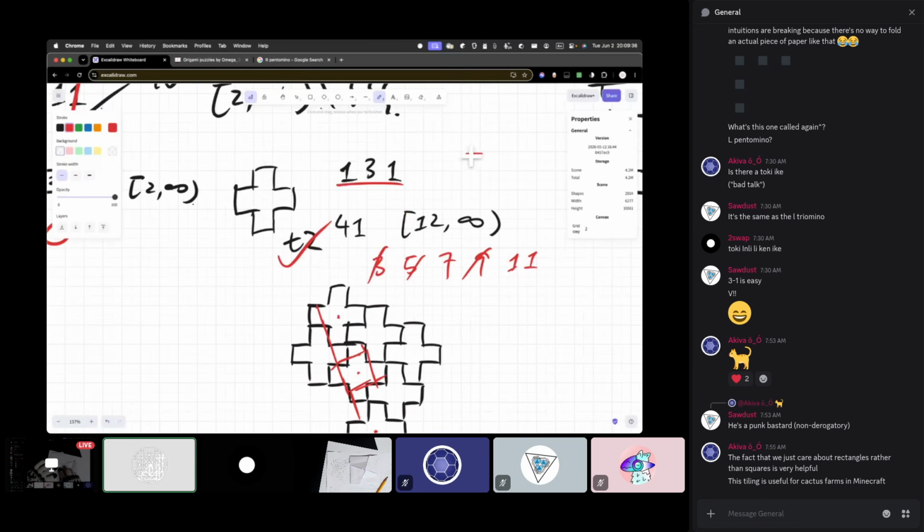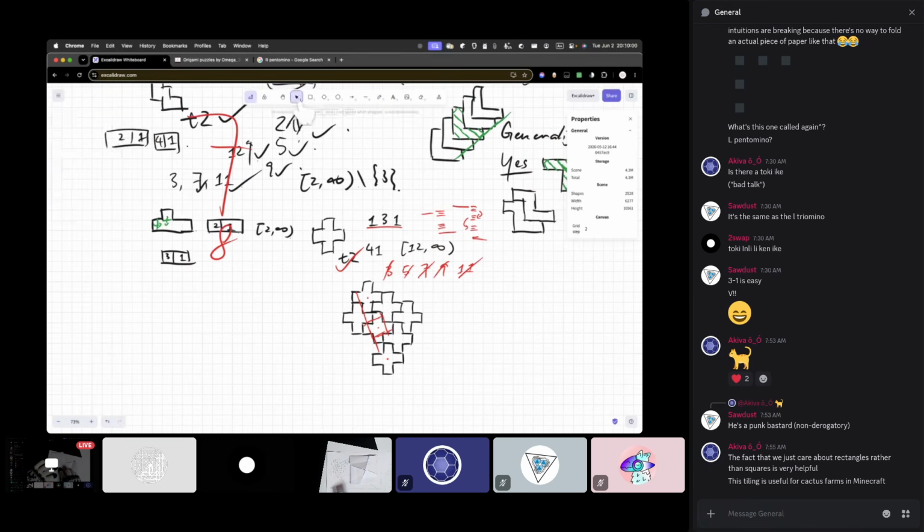For 7, you take the 3 and then you let it wrap back around, and then the 1 goes in the other direction. That creates a 1, 7, 1. And 11 is similar. You have a 9 here, so this goes here, and then that one will go like that to get a 1, 11, 1. So the 11 is done. Okay.